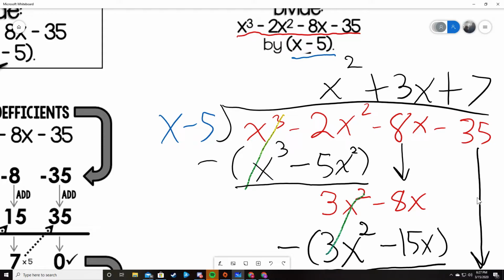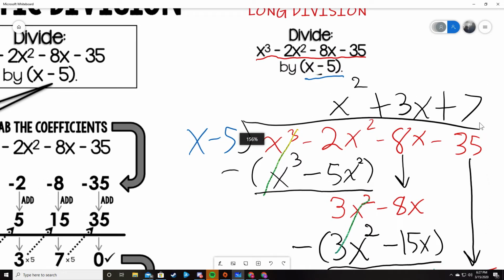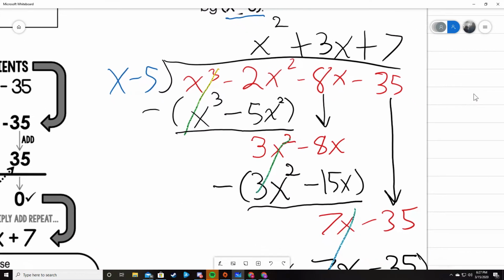So I go through and do my subtraction. These two, when I subtract them, these should just make nothing. They should cancel out. So 3x squared minus 3x squared should cancel out. Negative 8x minus negative 15x. So we got negative 8 minus negative 15. That's negative 8 plus 15, which is going to give us a positive 7.